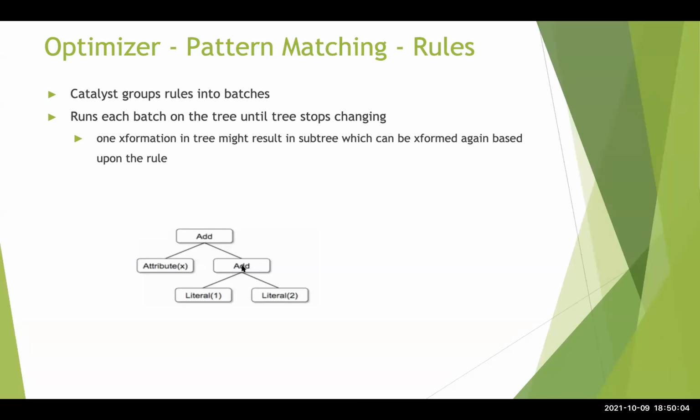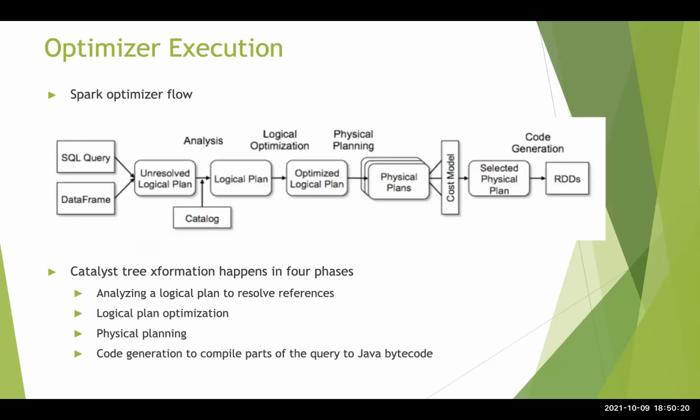Then it applies the same rule here and says there's a literal here, there's a literal here. Then I don't need these two nodes, I'll just put the literal here. So a second iteration happens. Then it tries to apply the same thing again. It finds there's no match, so it keeps the tree the same, and then it just moves on to the next batch.